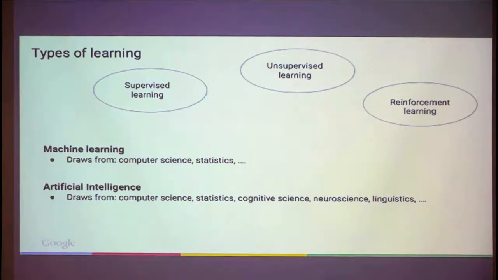Just as a global view of different types of learning: Lauren talked about machine learning and AI, which is one distinction between two different fields. Another way to classify things that come up in this field is these three different kinds of learning. There are also some other types, which I haven't listed here, but broadly speaking, there are these three classes. One is supervised learning. That's the kind that has had the most success in recent years with deep learning.